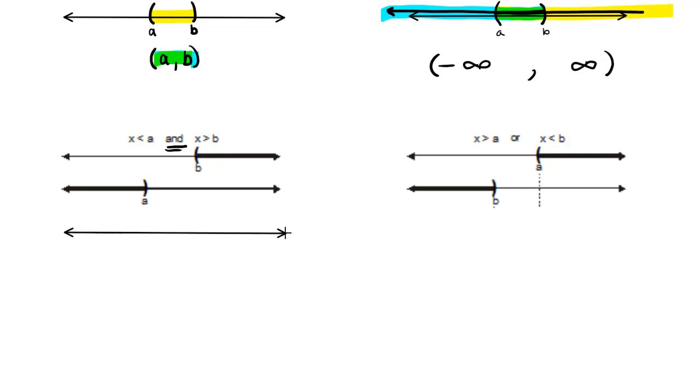We'll graph the two inequalities together on the same number line. B opens to the right, A opens to the left. And notice I'm just tracing down from the actual original graphs.